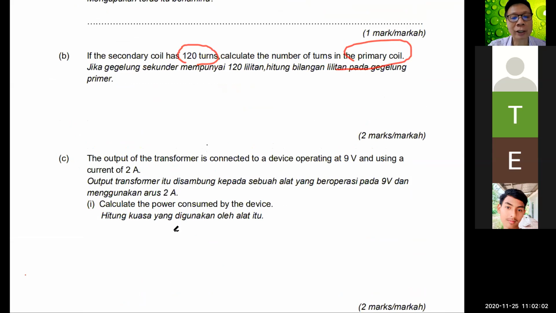Okay, the power, you've got the formula, so you can get the answer now. Okay, next.